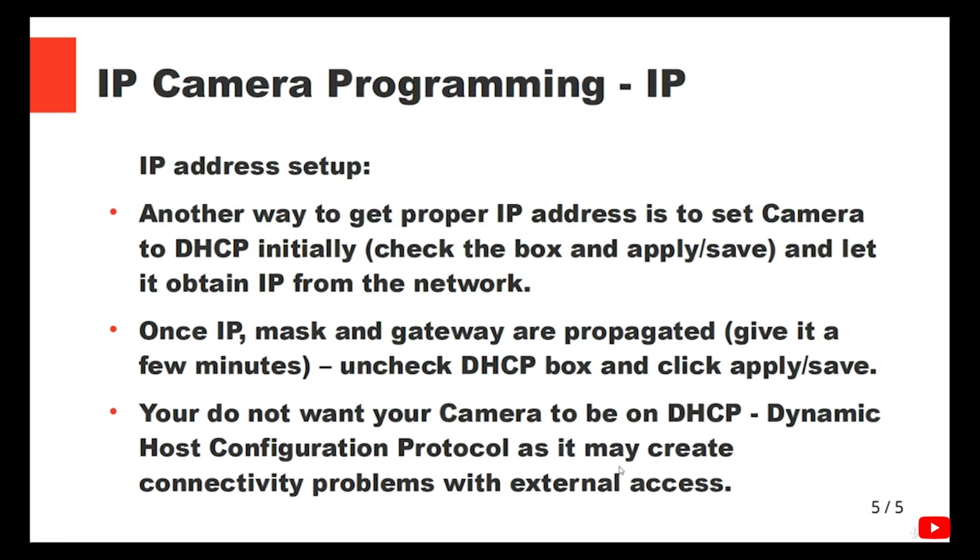You untick the box and click Save, Apply. You do not want to leave your camera on DHCP, Dynamic Host Configuration Protocol, as it may create connectivity problems, or actually with a camera it may create a problem with access for the NVR.